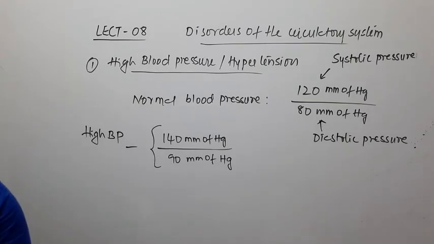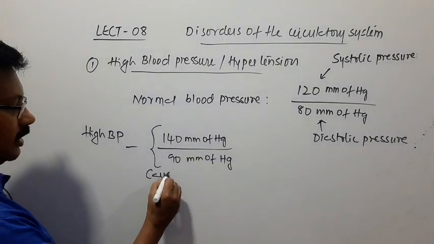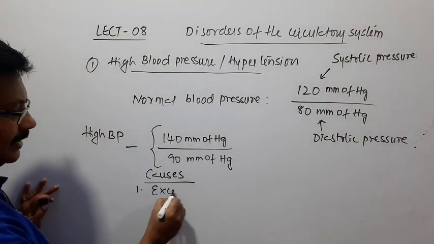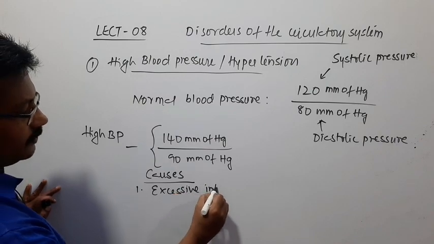Now, the problem of high blood pressure can be caused by different reasons. Let's see the causes of hypertension. One, excessive intake of salt.